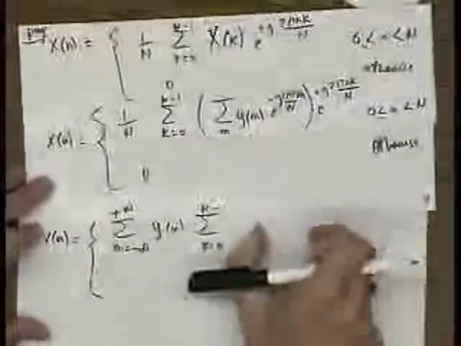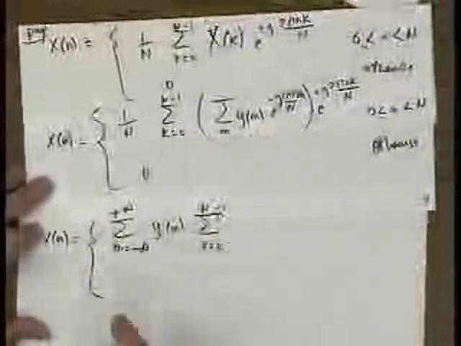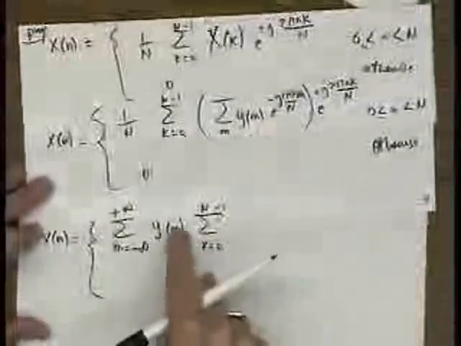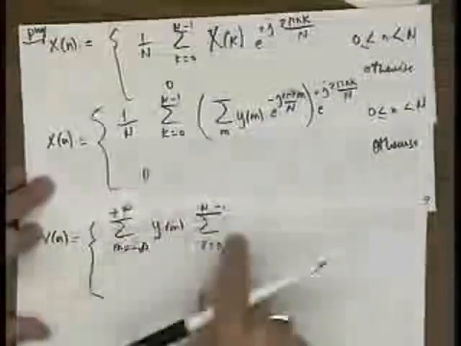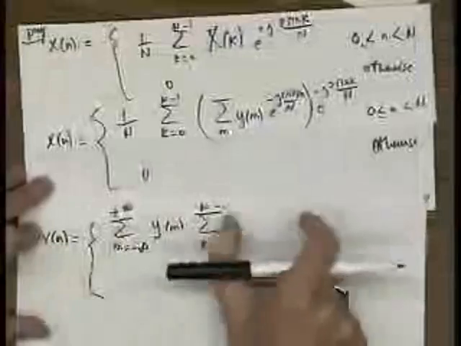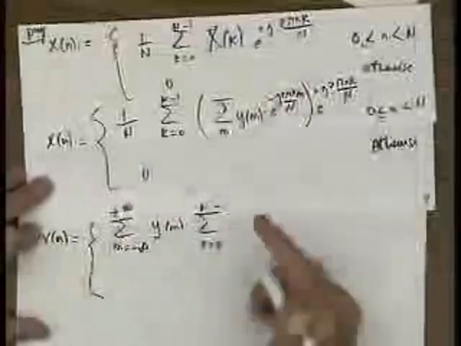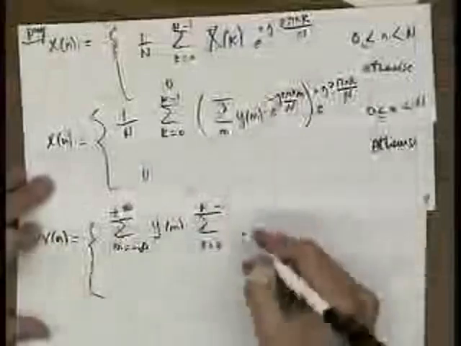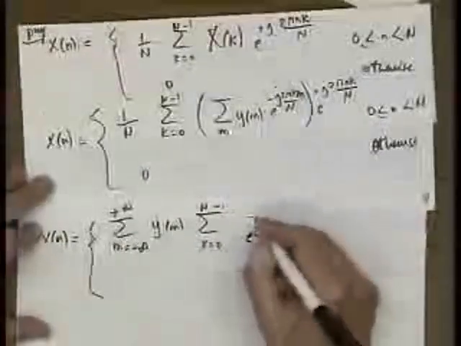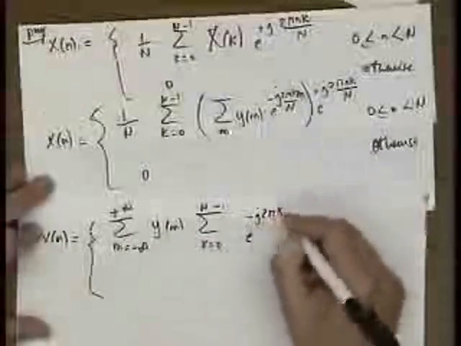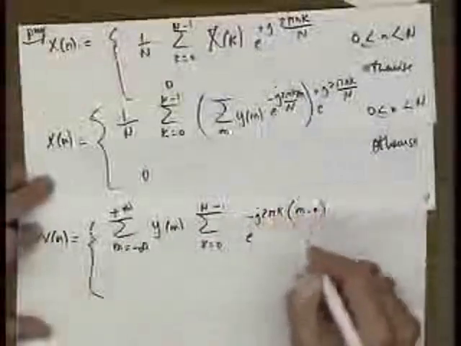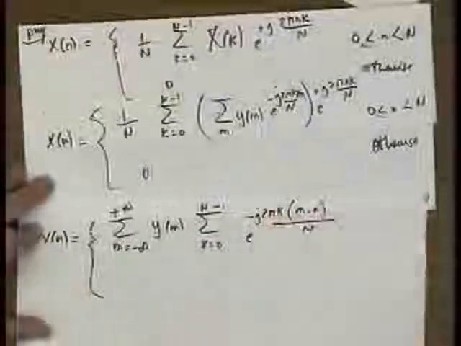And I'm keeping all the exponentials now here that are k dependent. So y of m is not k dependent, so it's outside this summation that depends on k. The remaining pieces are all k dependent, so they have to stay inside the summation that has k. So it'll be e to the minus j 2 pi k m minus n over n.